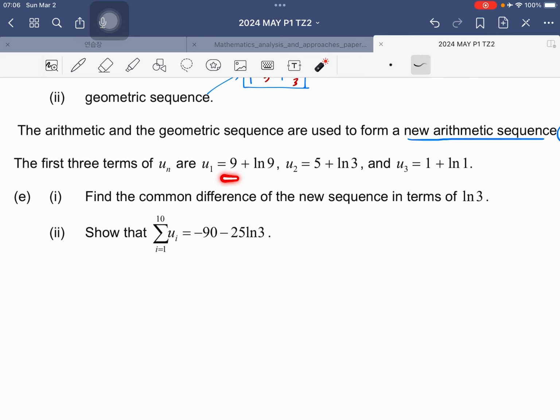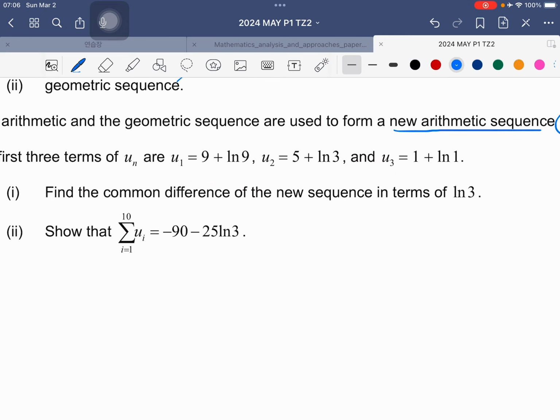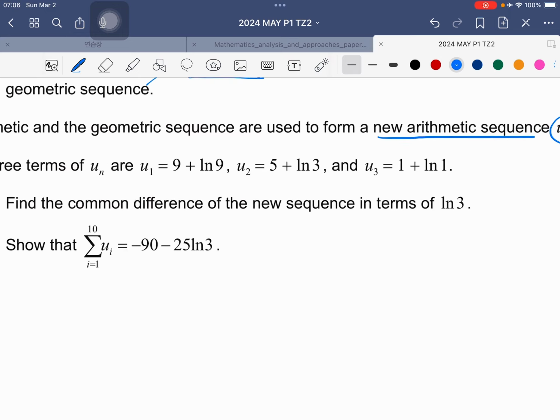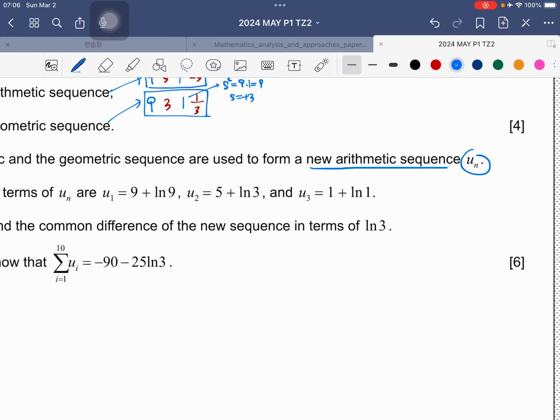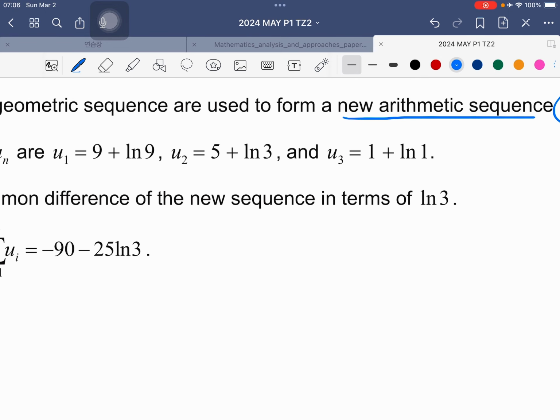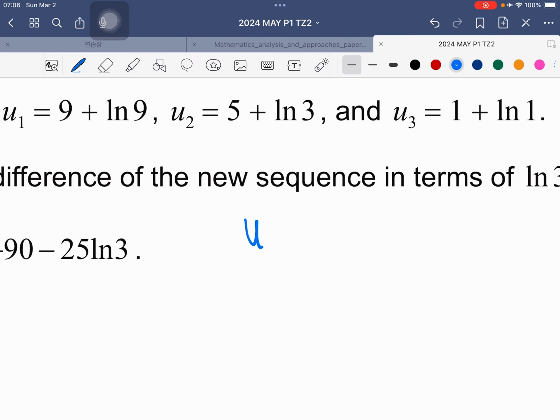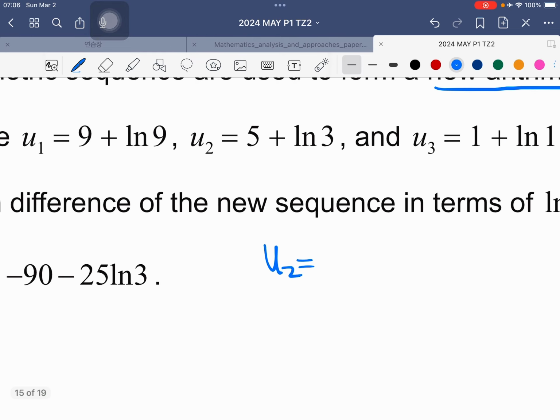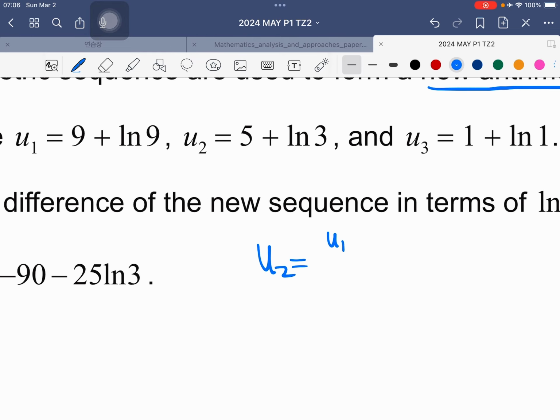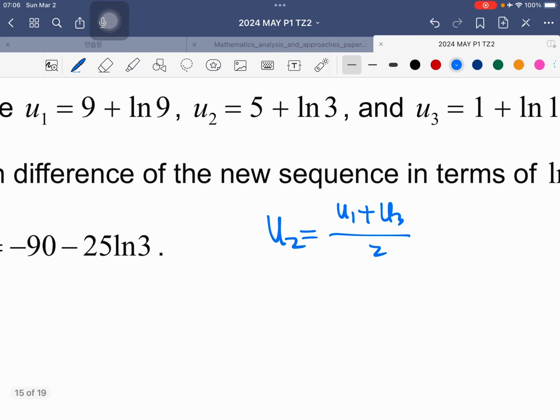So the second term U2 must be the arithmetic mean between the first term and the third term, divided by 2.